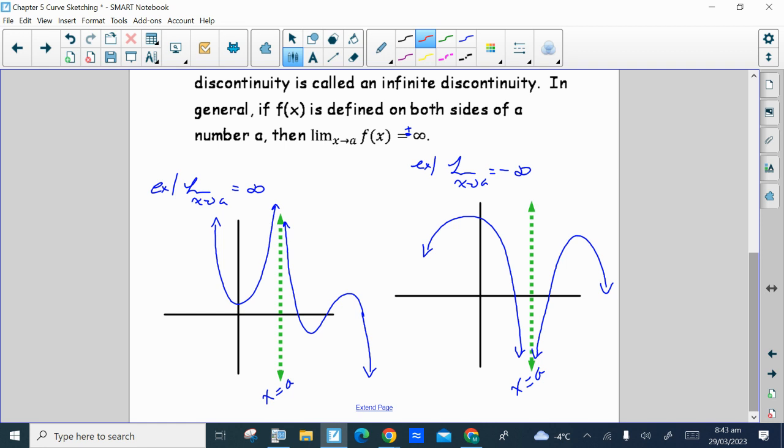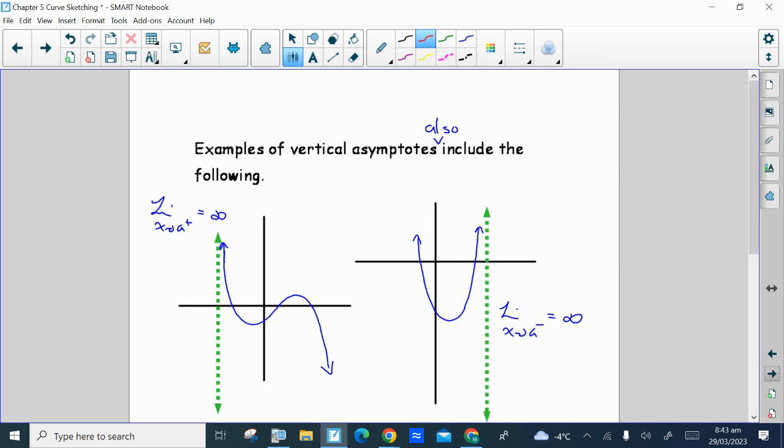So we can say in this case the limit as x approaches a of this function is positive infinity, because it's approaching positive infinity on both sides of the asymptote. The second example, it's approaching negative infinity on both sides of the asymptote. So that's the value of the limit.